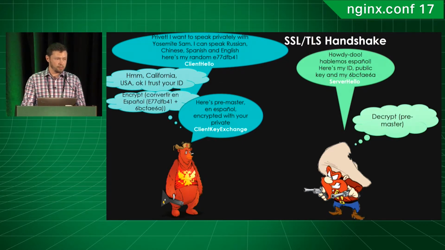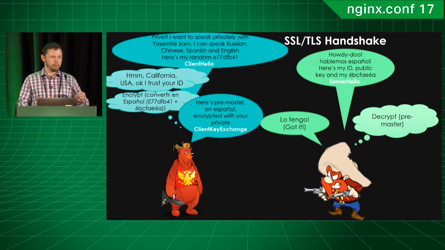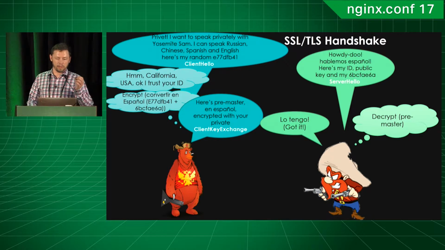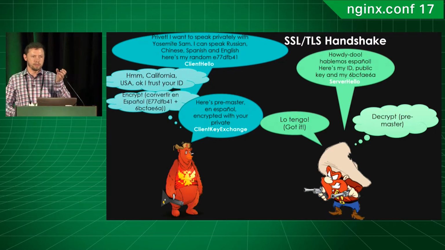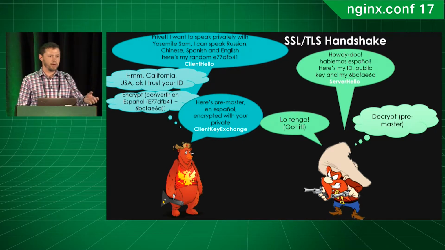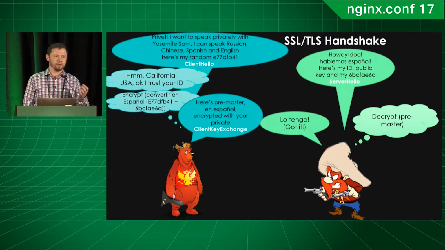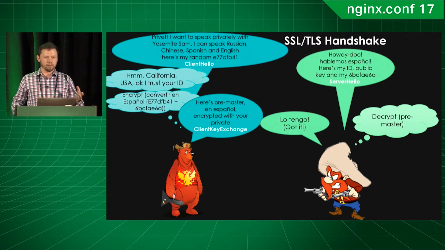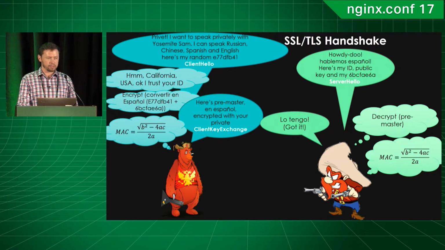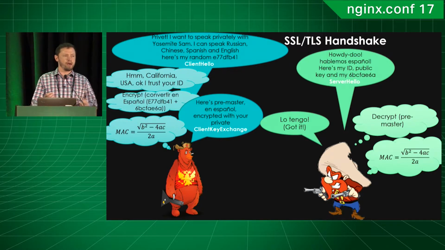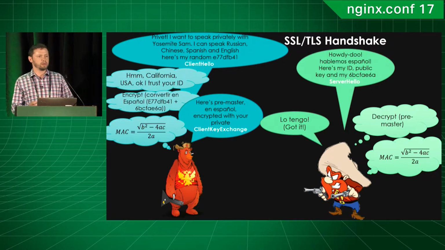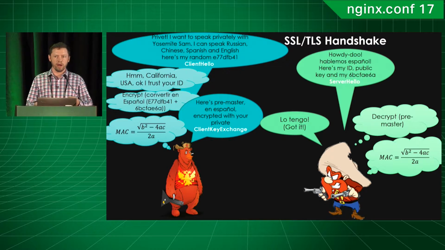Server decrypts this information and compares the random keys that were generated by the server and by the client, and if the server is able to decrypt, and if the random numbers are valid, server confirms the connection, and they start negotiating the ciphers to use over the wire, to use the symmetric encryption.